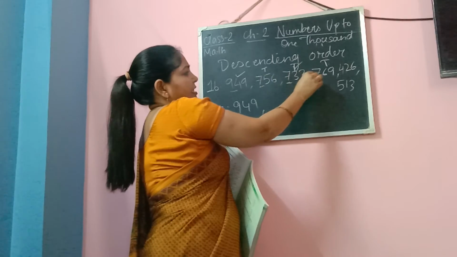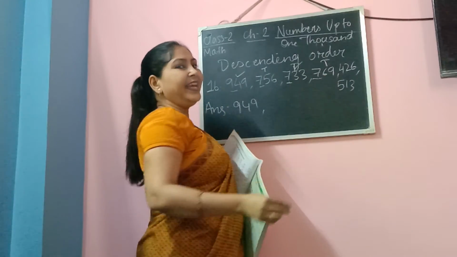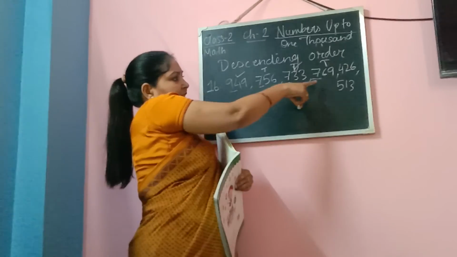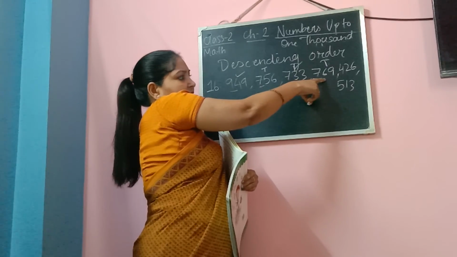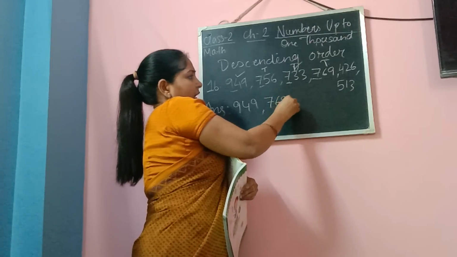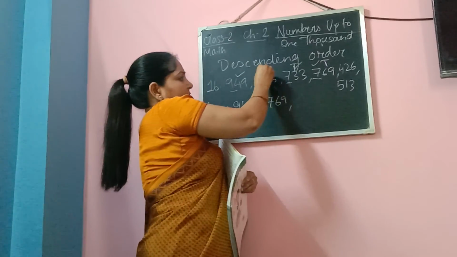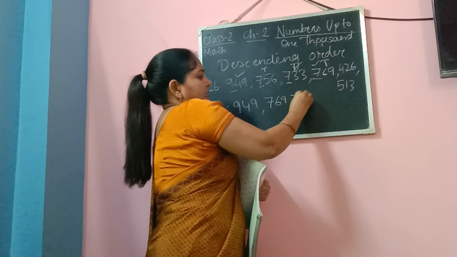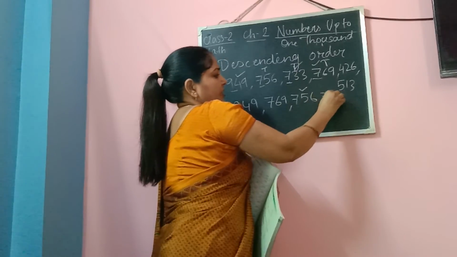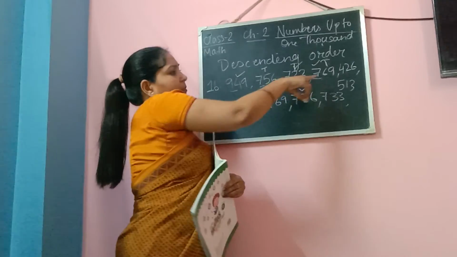Now 6 being the biggest, the next smaller number is 769. So 769 is done. Then 756. This is also done. Then 733. So all these three numbers are done.